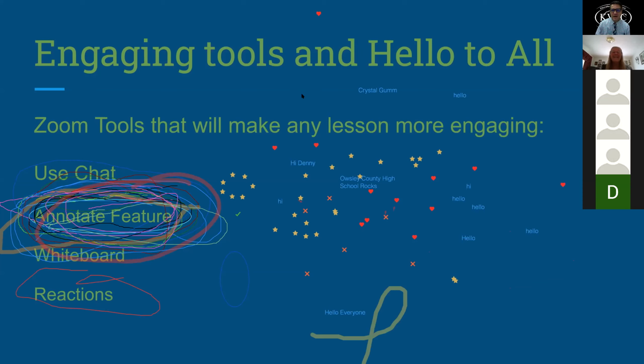Now, obviously, there are some features in here where you can turn on who's drawing, and you can see their name. There's a whiteboard feature that we can look at.